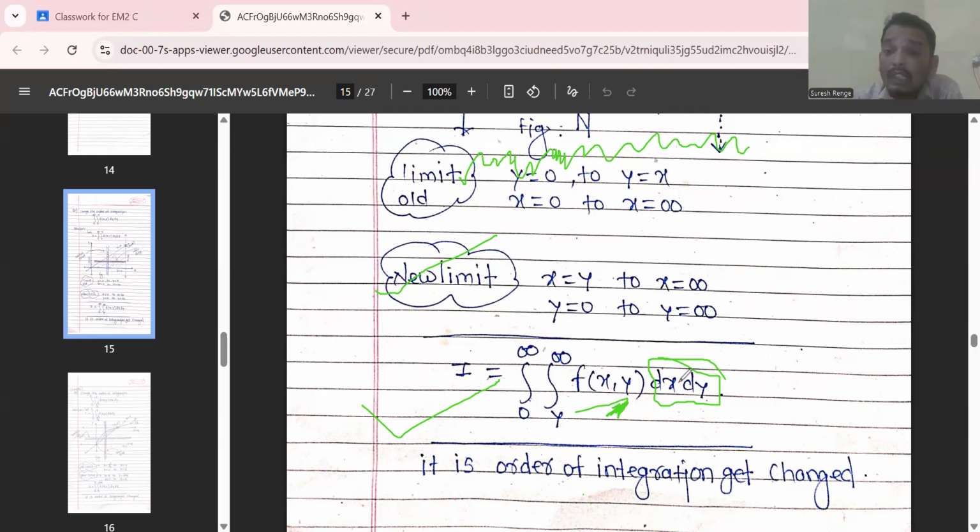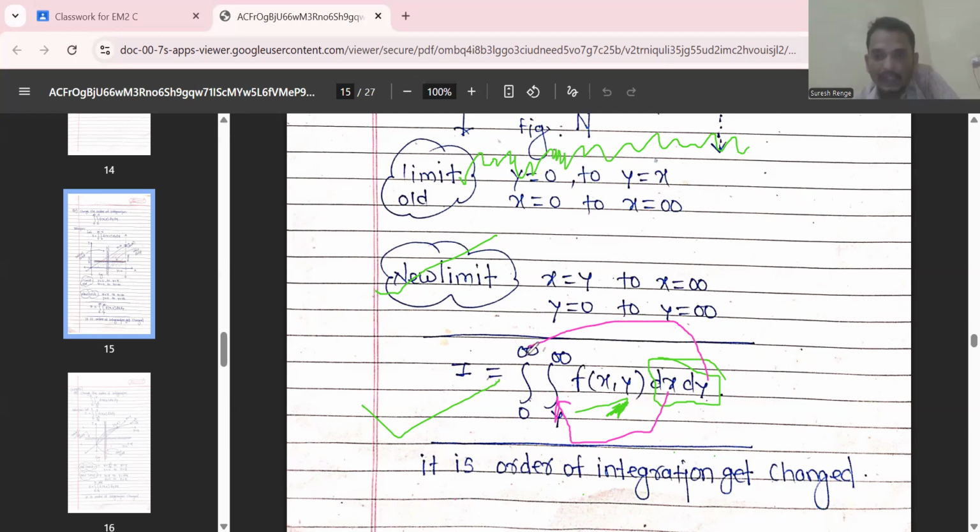Now write down the limits for x, with dx integrated first after changing the order. What is the lower limit for x? That is y. What is the upper limit for x? That is infinity.